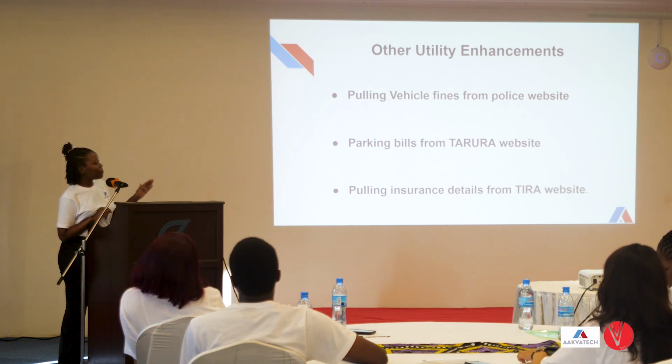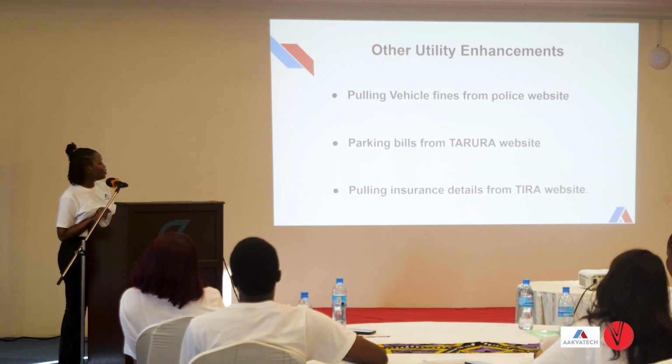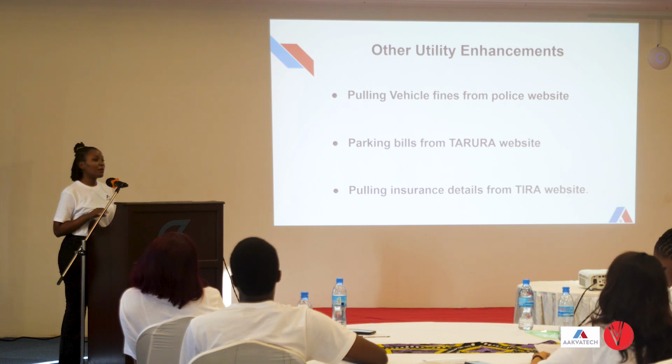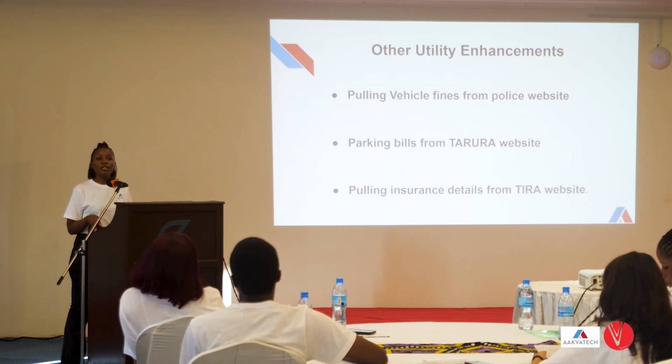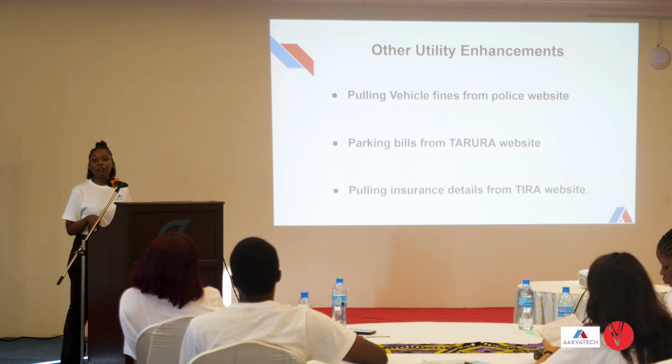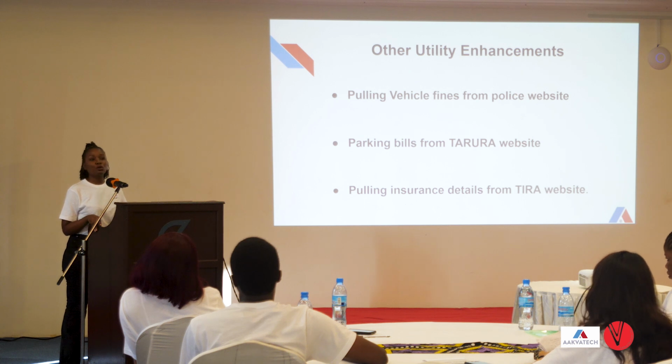It's the same with our parking bills. It automatically pulls from the Tarura website, as well as our insurance information pulls directly from TIRAM. What's important is that this information will be automatically pulled every 6 hours. So every day that information will be up to date. You won't have to go searching for it. You will automatically have that information waiting for you.